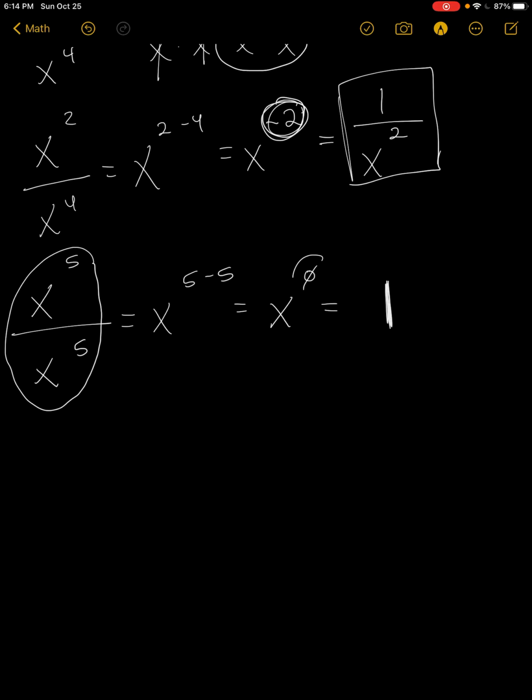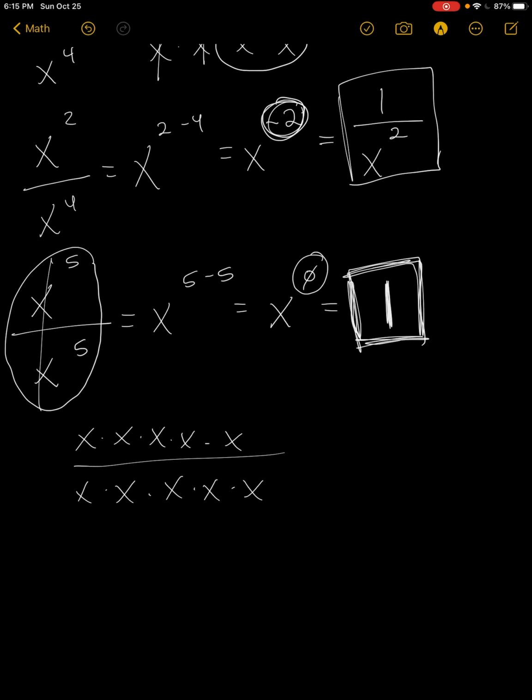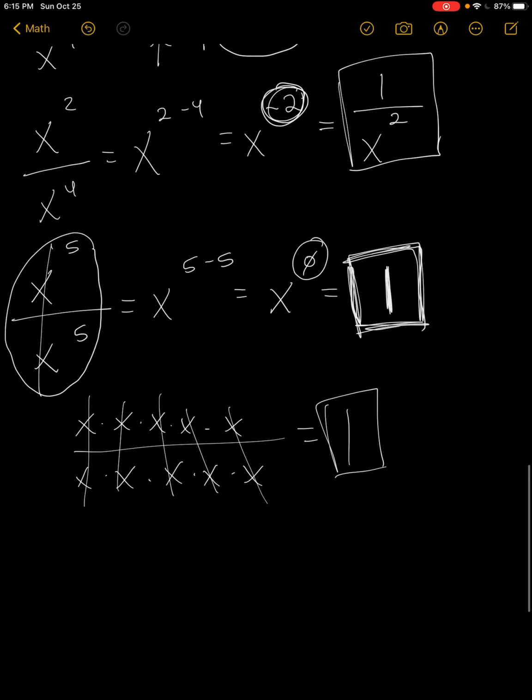You get 1. So anytime you get a number to the 0 power, that automatically just means that number is 1. Okay, so anytime you come across that, they cancel out, right? If you're going to write it out. Right, these are all 1, same number over itself, I mean.